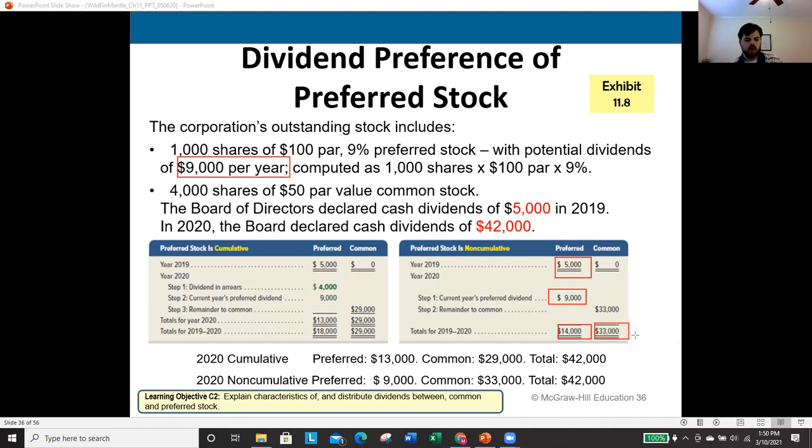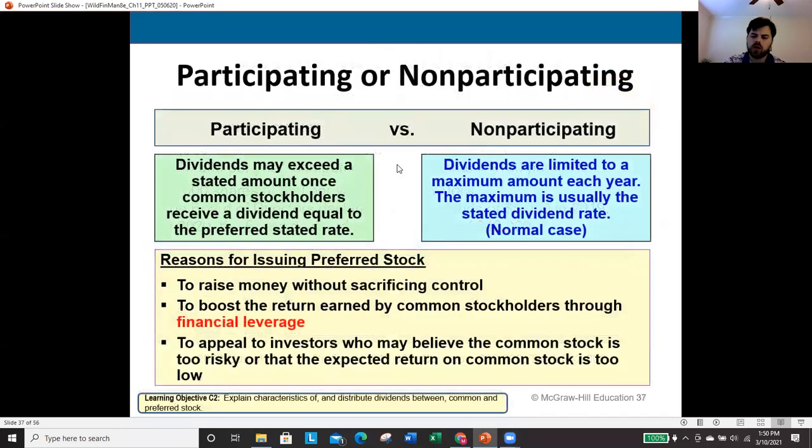So very good. Now, when we continue looking at this, the next thing that we want to see is what is called participating versus non-participating. So you look at that and you say, well, shouldn't the preferred shareholders have gotten more? Isn't that the whole point? Well, yeah, right. So they may not be happy that any of that dividend is going to those common shareholders.